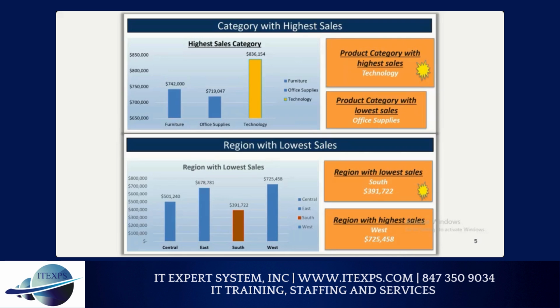Very good. So Vijay, let's say if I give you an extra 1 month, what would you add or change in this presentation? If I have more data, I can do research about the sales in each region. Take the example of the South region, you asked why the South has the lowest sale.